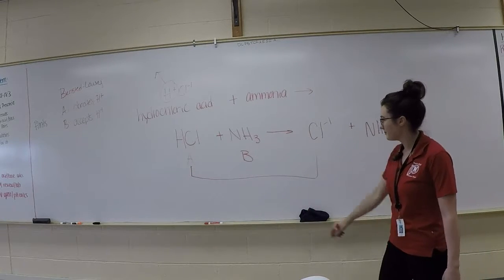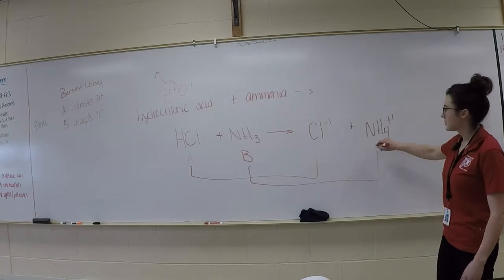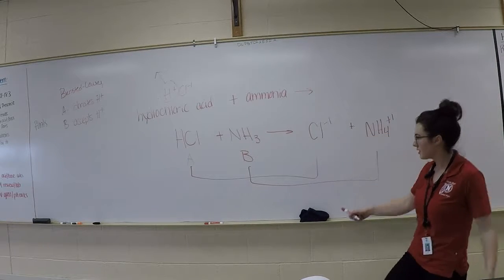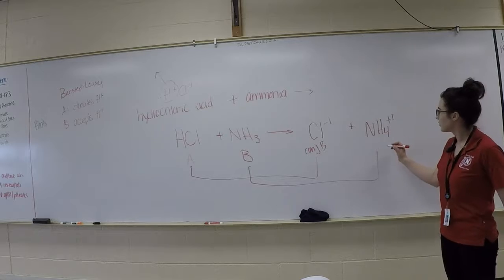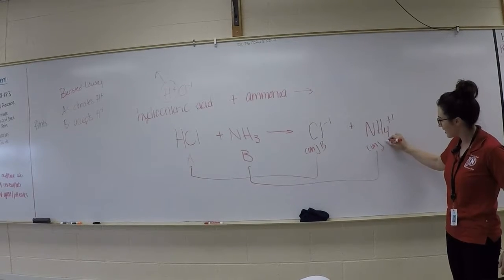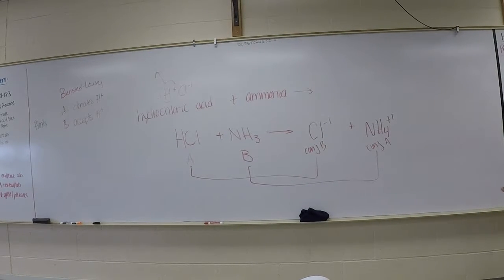Cl -1. These two are paired together. So Cl is our conjugate base. NH4 is our conjugate acid. Whoop, whoop. Cool. Any questions? None. Zero.